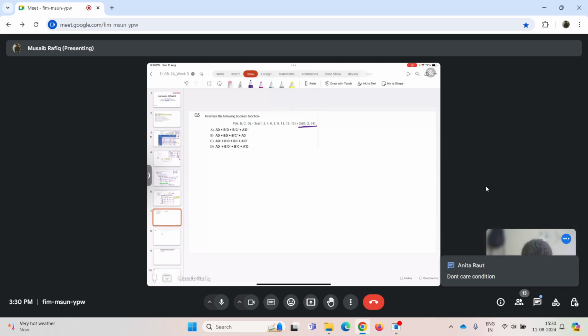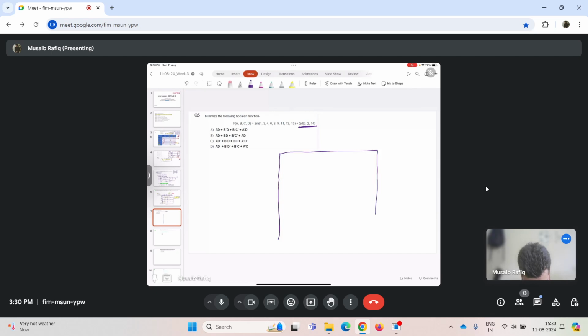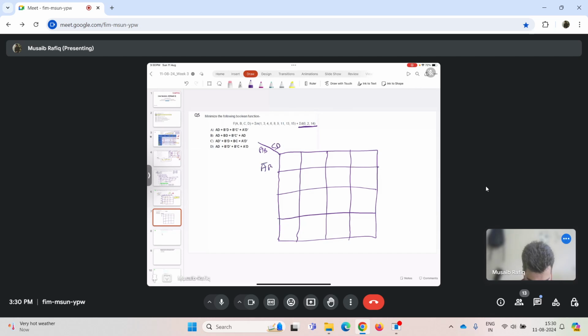Again we have a 4 variable system. We'll again construct a 4 cross 4 K map. This is A B, this is C D, this is A bar B bar, this is A bar B, this is A B, and this is A B bar.